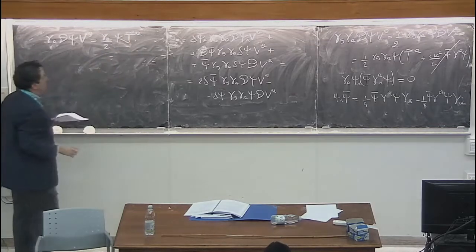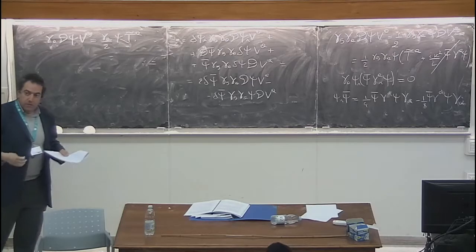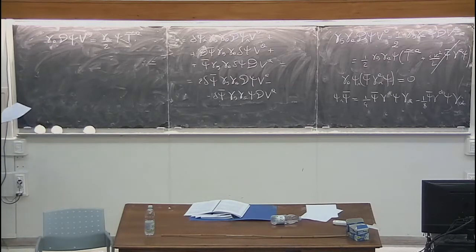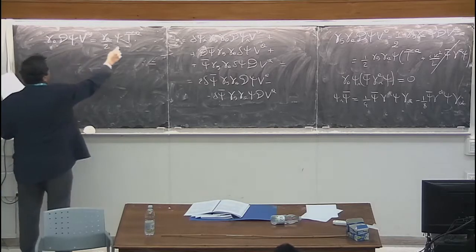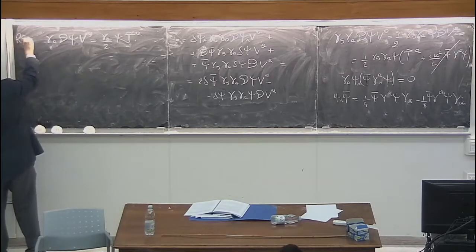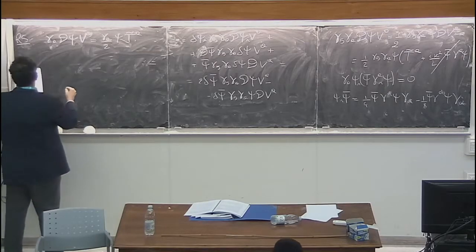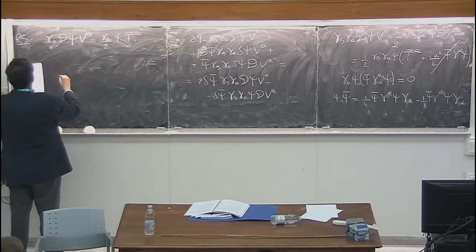So let's now summarize all the field equations that we have computed so far. So this is the Rarita-Schwinger equation. You may write it in components if you wish.